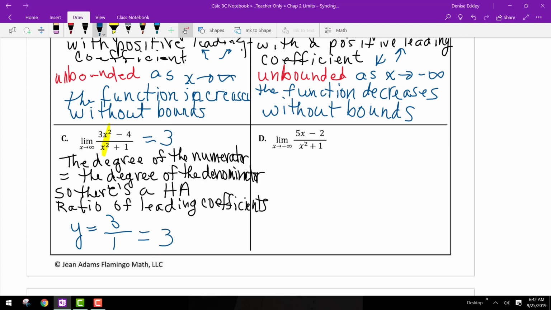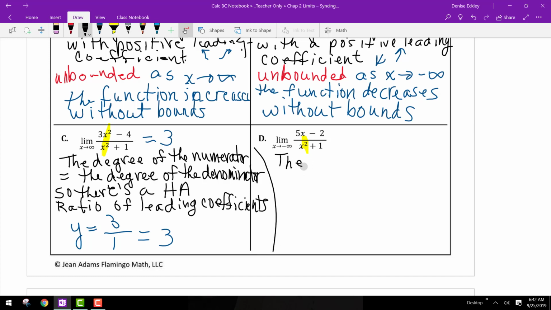Okay, finally in letter D, we have another rational function. This time we are going towards very small x's. We're going to negative infinity, and the degree in our denominator is larger than the degree in the numerator. So we have a horizontal asymptote that is 0. Let me write that down.